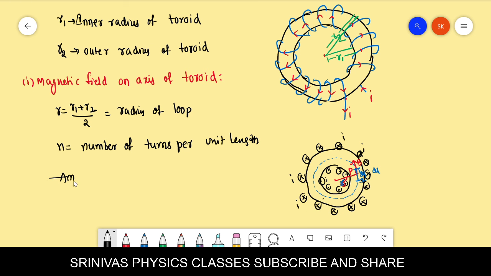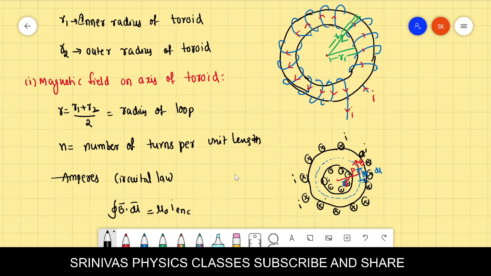According to Ampere's circuital law, what do we write? The line integral of magnetic induction is equal to mu naught times the enclosed current. Is it correct, students?